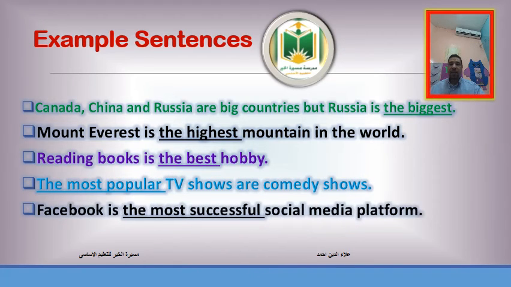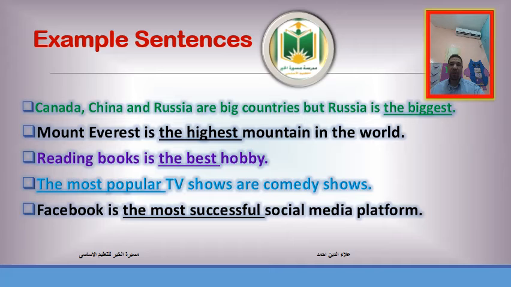Look at these examples and concentrate on the underlined words. The first example, Canada, China, and Russia are big countries, but Russia is the biggest. Mount Everest is the highest mountain in the world. Reading books is the best hobby.